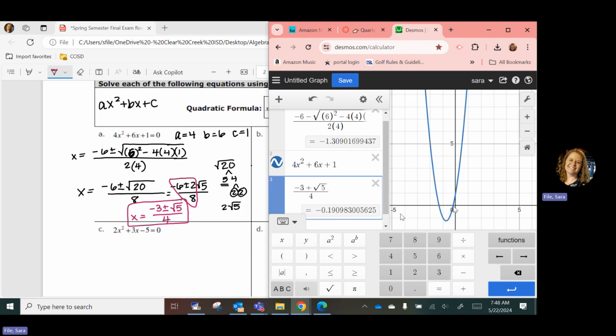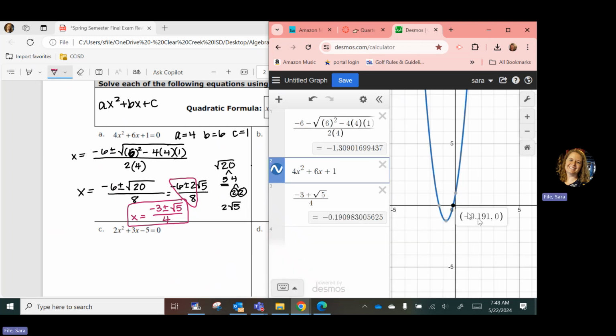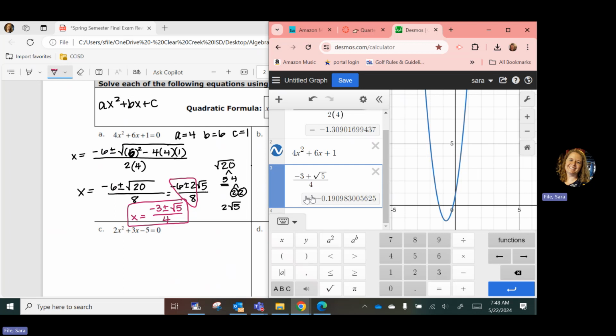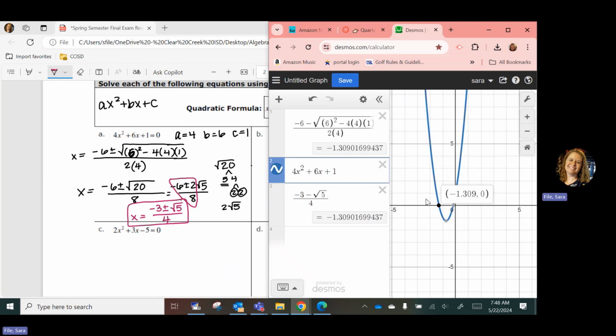That comes out the same as this, doesn't it? Do y'all see that? So had that been an answer choice, you could have just typed this in to see what it is as a decimal and saw that it matched your x-intercept from the graph. Okay, and then you could change that to a minus and see the other one. And it matches that other one. So that's a confirmation for me that that's correct.